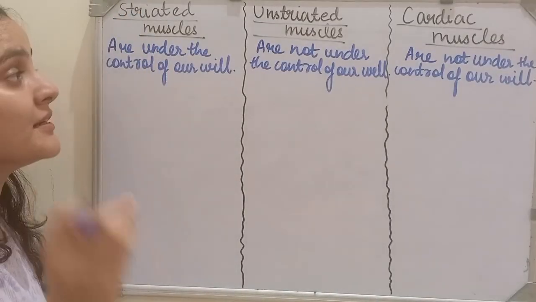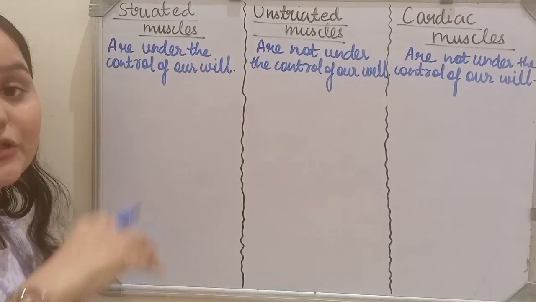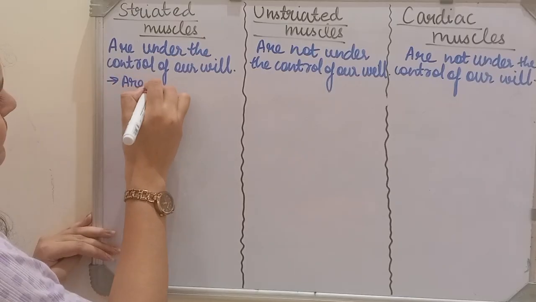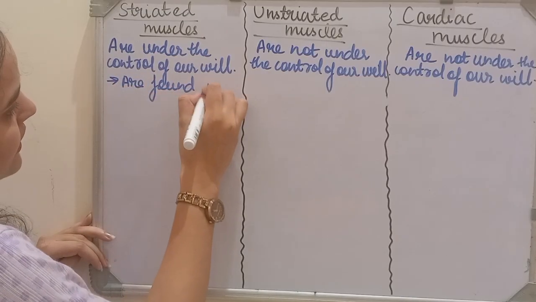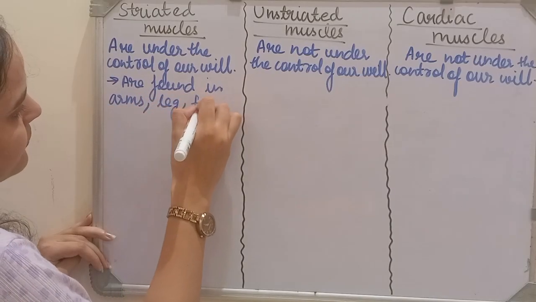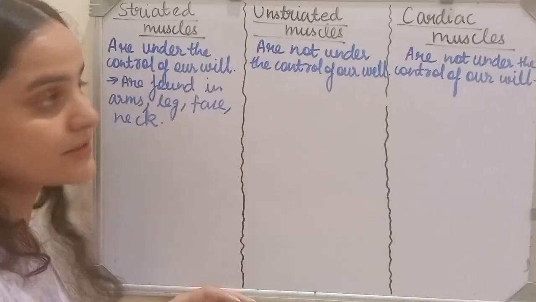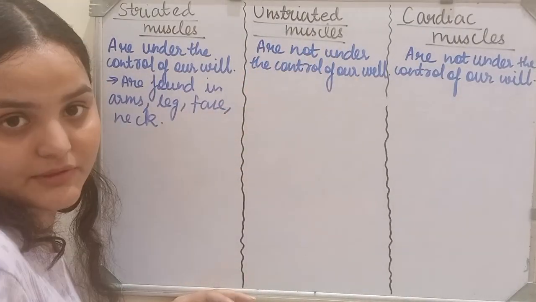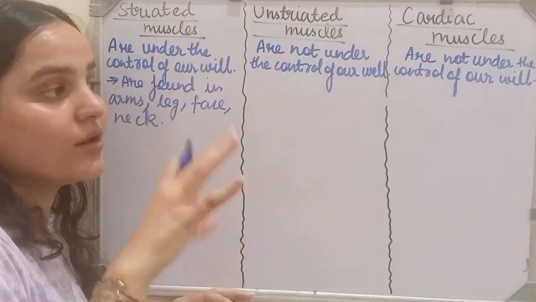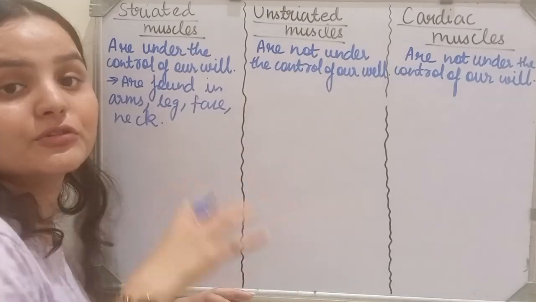Let's get this with example. So these striated muscles are found in our arms, leg, face and neck, and we can control these muscles according to our needs. So are found in arms, leg, face, neck. Okay, these unstriated muscles, we don't have control over them, like the stomach wall, intestine wall, urinary bladder. Okay, all the functions of these specific organs are performed by them only. We do not control them.